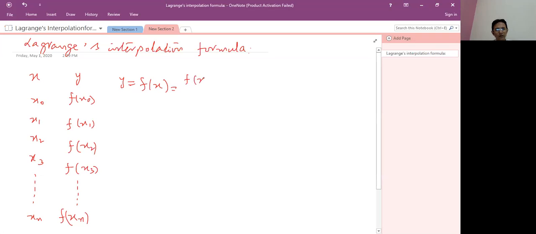f of x naught into x minus x1. We will skip there this value when we consider, student, f of x naught.